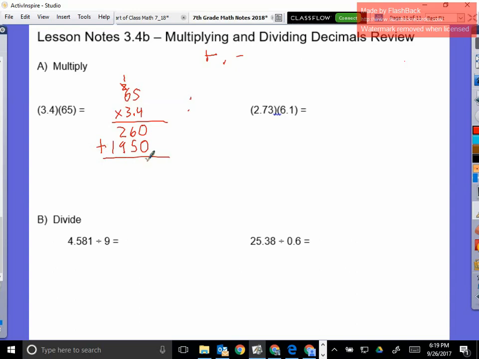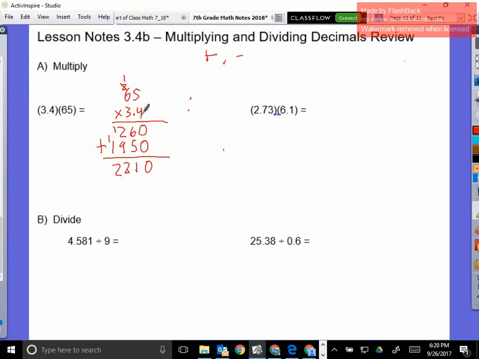Add those up here. We have 0, 11, carry your 1, another 11 plus 1, 12, carry the 1 again, and you got yourself a 2. Now comes the part where we have to put the decimal where it needs to go. Take a look at your numbers up here. I have 1 decimal point, and 1 number to the right of the decimal point.